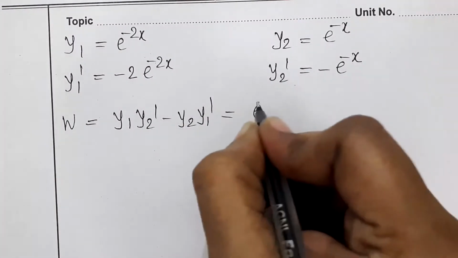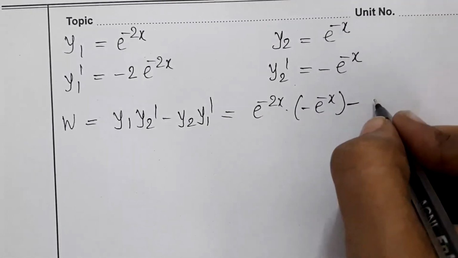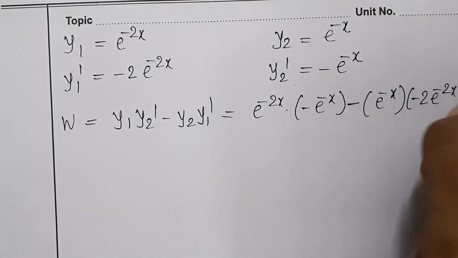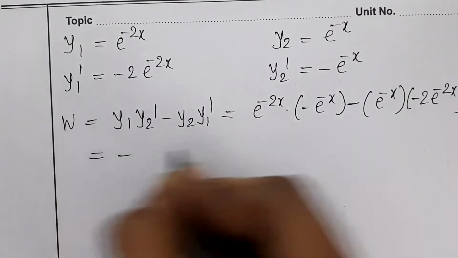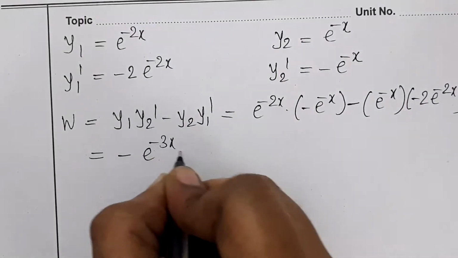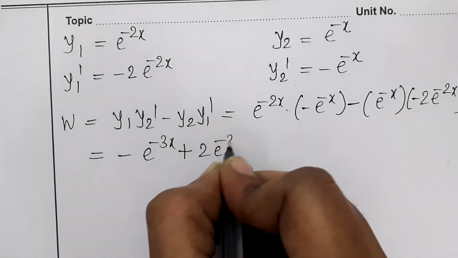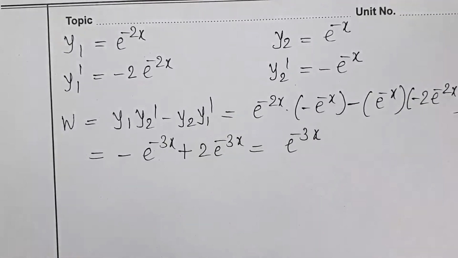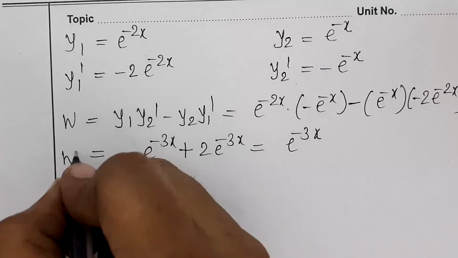So it is equal to e^(-2x) into (-e^(-x)) minus e^(-x) into (-2 e^(-2x)), which is equal to -e^(-3x) + 2 e^(-3x). So it is equal to e^(-3x). So the W value is e^(-3x).